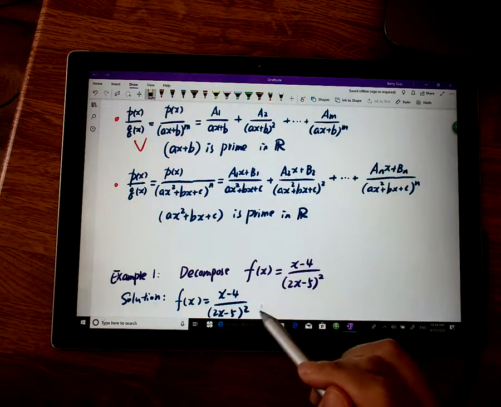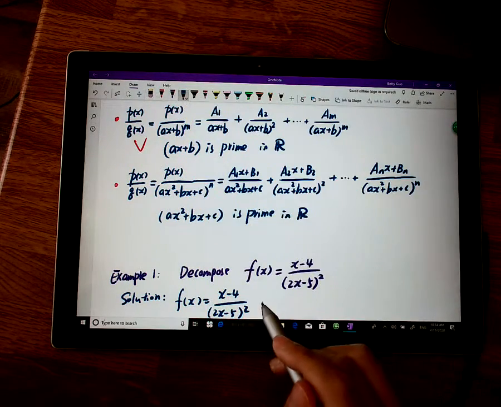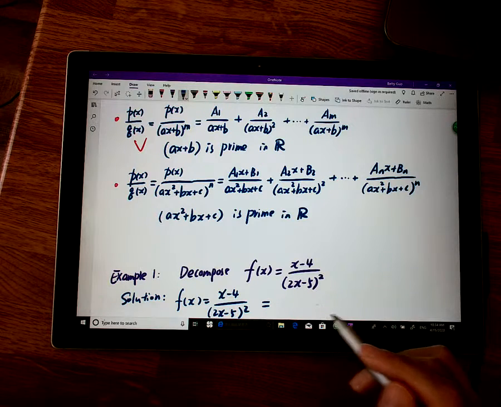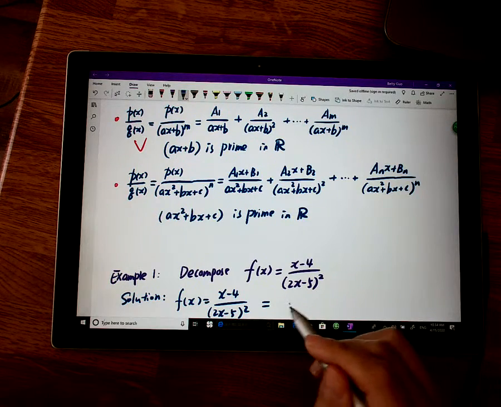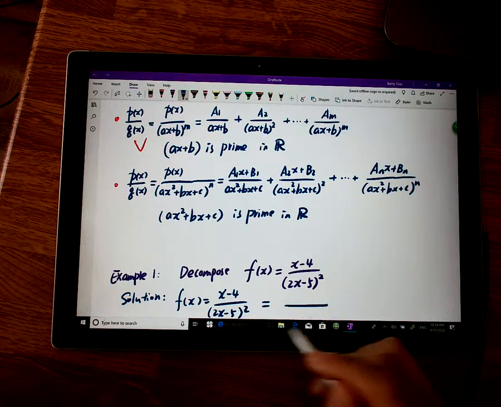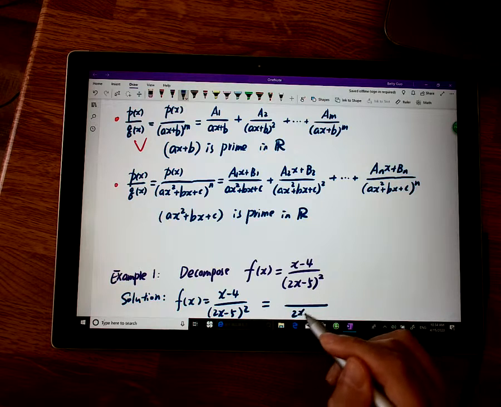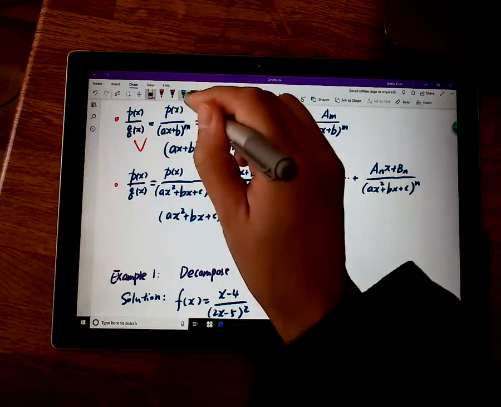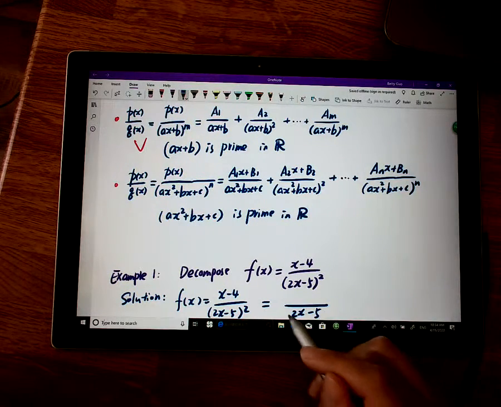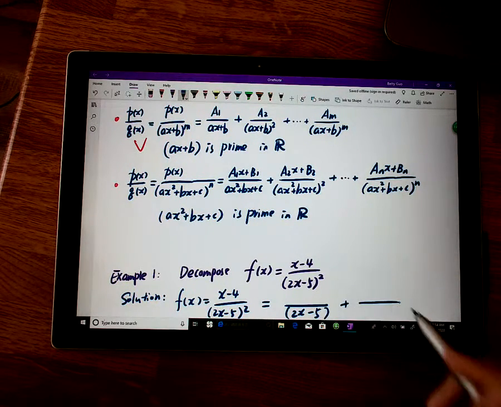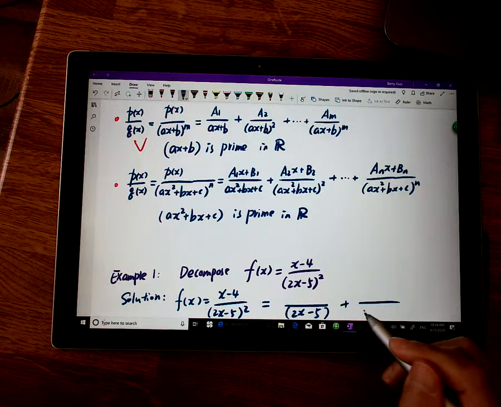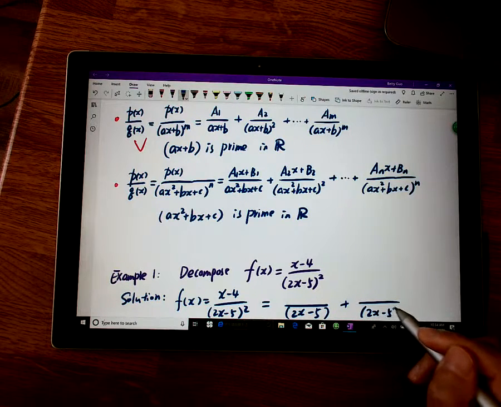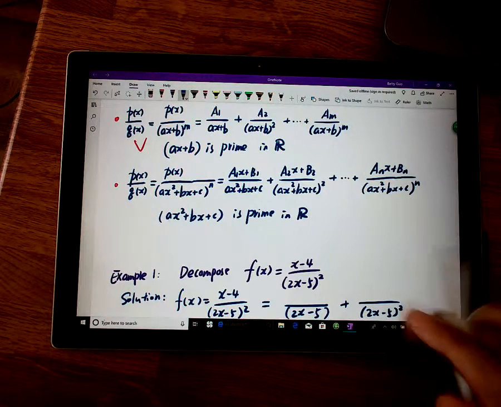By the formula, we are able to decompose it as the sum of 2 rational functions. The first one has denominator 2x minus 5. The second rational function has denominator 2x minus 5 to the power of 2, right?